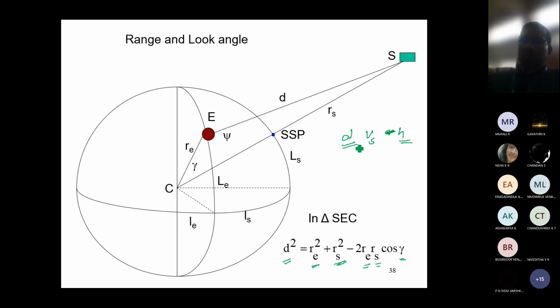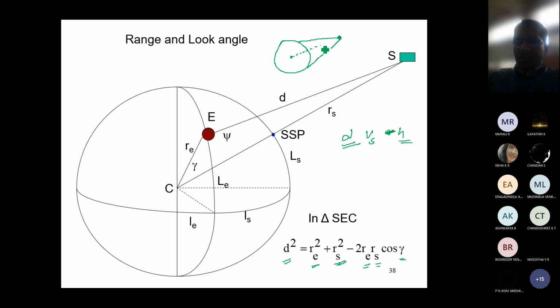Suppose you are located, let me draw here. This is your Earth. This is the satellite. The satellite has a coverage from this point to this point. This is the center of the Earth.